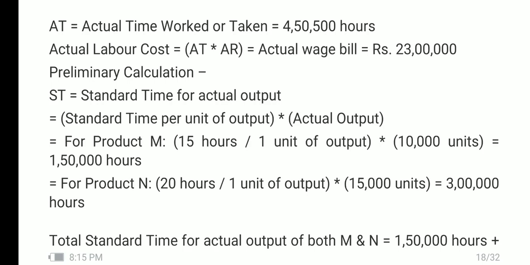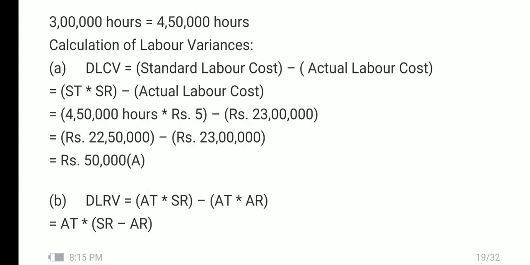Now the total of these two will give us the total standard time for actual output of both M and N. So 1,50,000 hours plus 3 lakh hours is equal to 4,50,000 hours, that is the standard time for actual output of both the products M and N. Now let us consider calculation of labor variances. Firstly, DLCV, direct labor cost variance, is equal to standard labor cost minus actual labor cost.